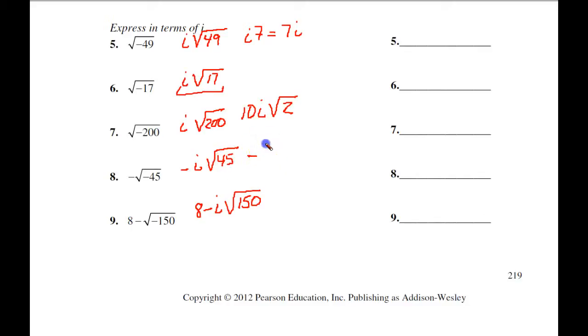So negative 9i, the square root of 5. And 150, does that have a square in there? Yes, let's just do that one. So here we take the 150 and divide it into a perfect square factor of 25 times 6. This comes out as a 5, and we write it as that.